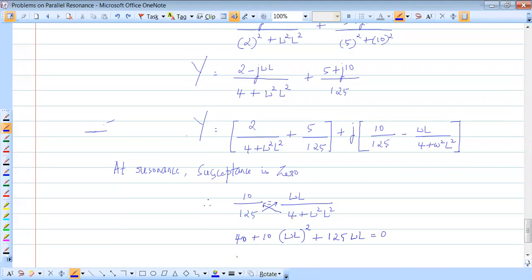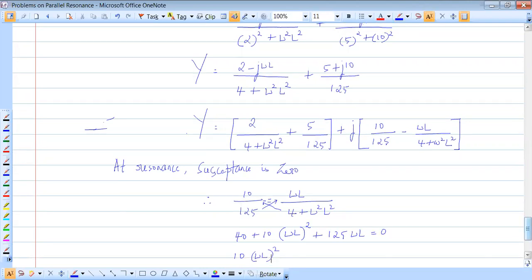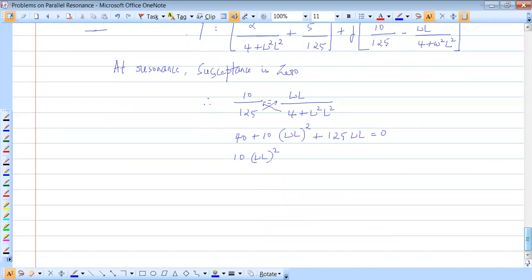Let's bring it into the proper form. It's 10 omega L whole square plus 125 omega L plus 40 is constant.